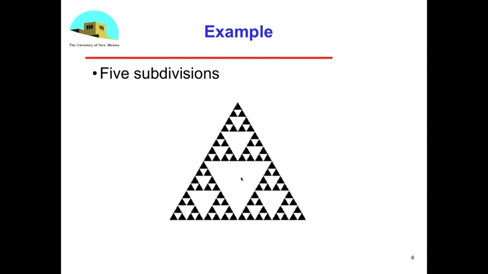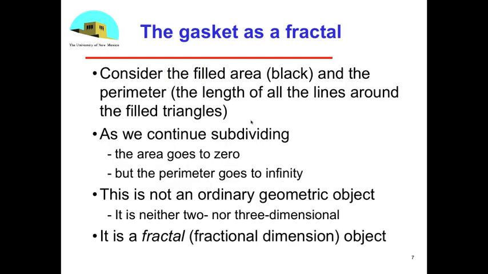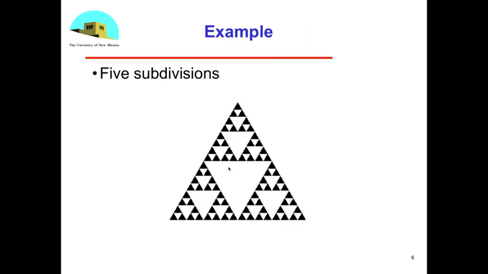Now, why is this a fractal? Well, let's look at the area that's filled, the black, versus the length of all of the sides that we're looking at. Let's say we start with an area of 1.